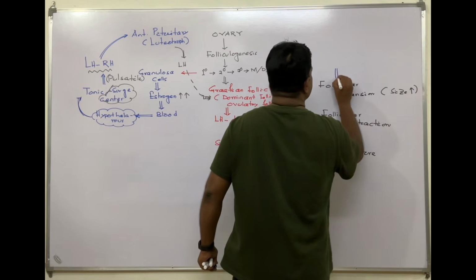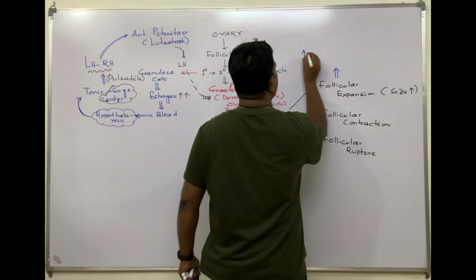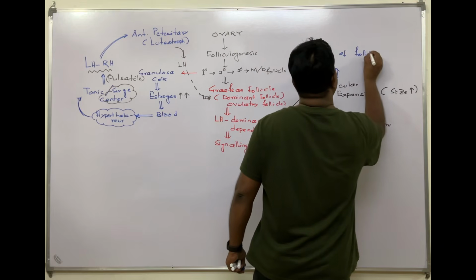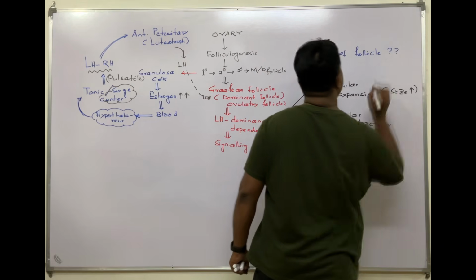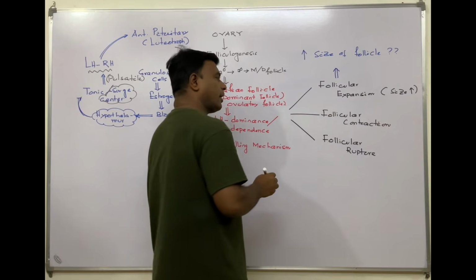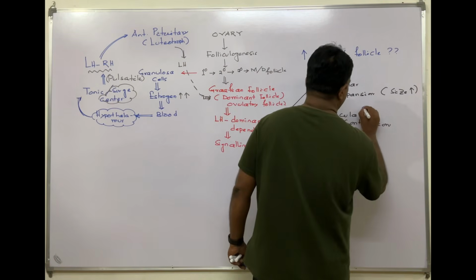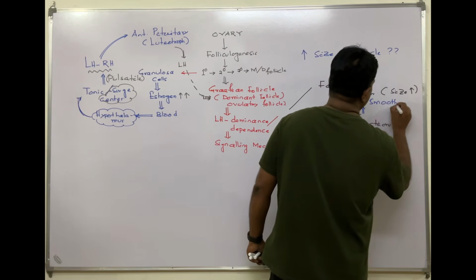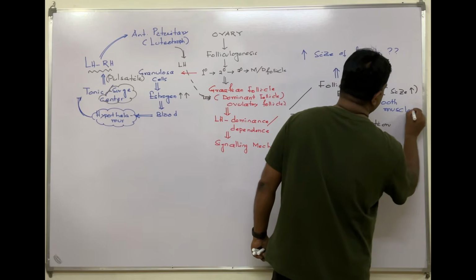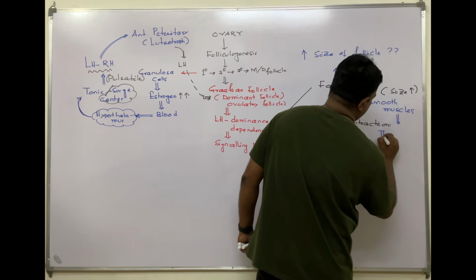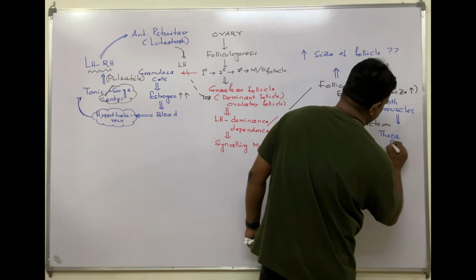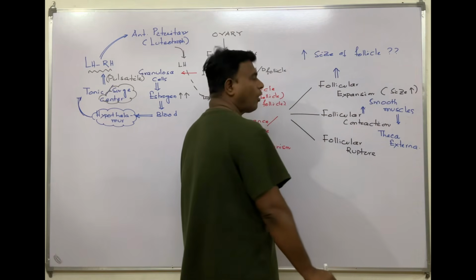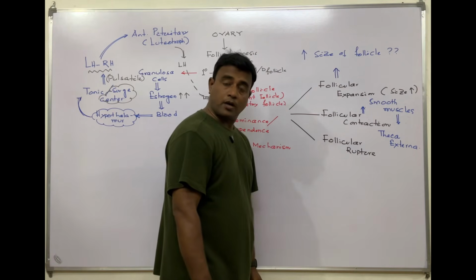So one line I can put here. Here the follicular expansion means increase in the size of the follicle. So where is the question mark? Here is the question mark. What is this? What happens? How does it happen? Follicular contraction means the smooth muscles which are present on the outer part, that is the theca externa, contract under the influence of hormones like PGF2 alpha and PGE2.